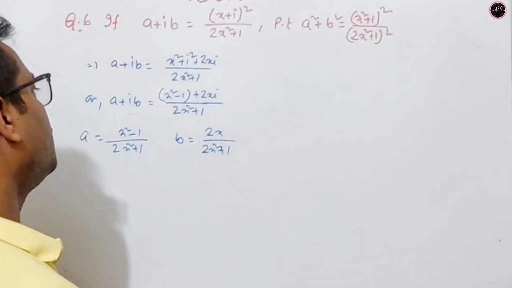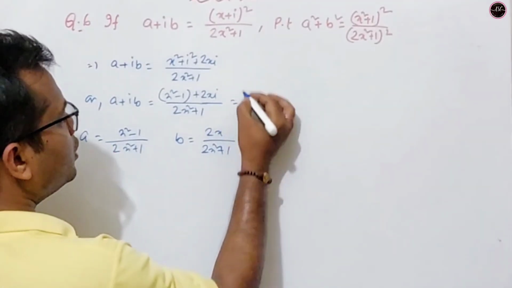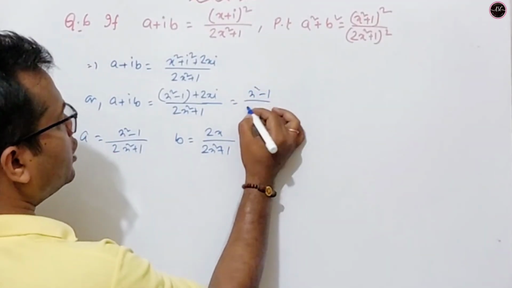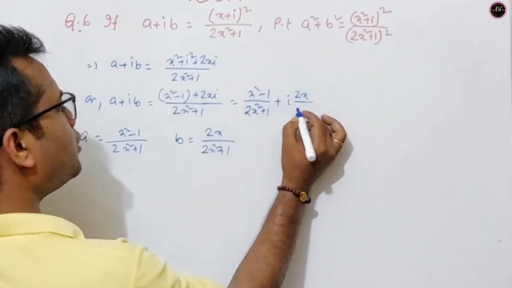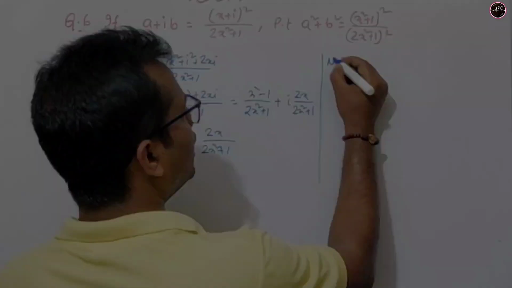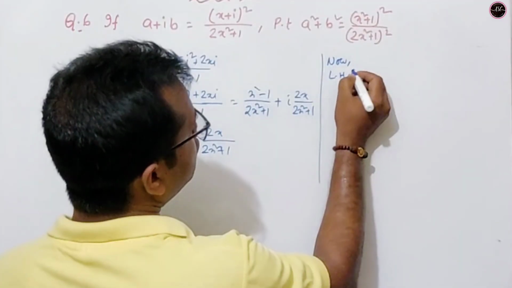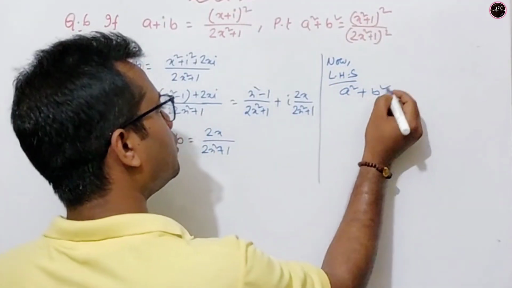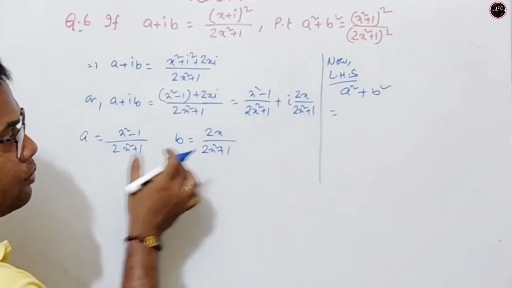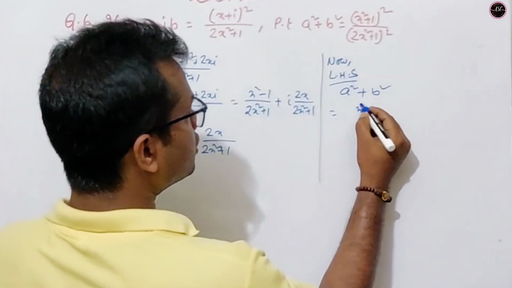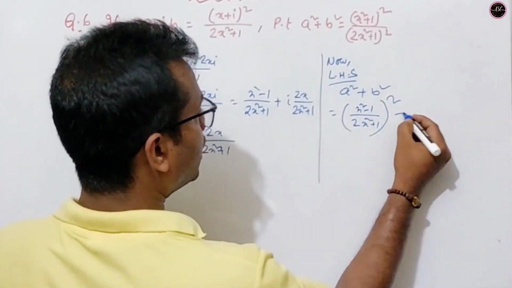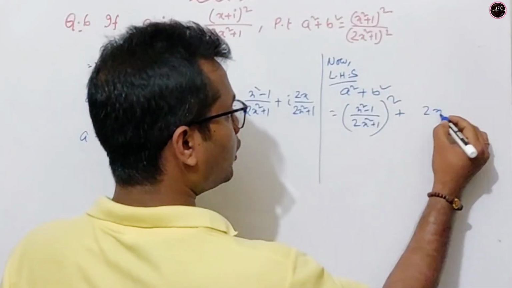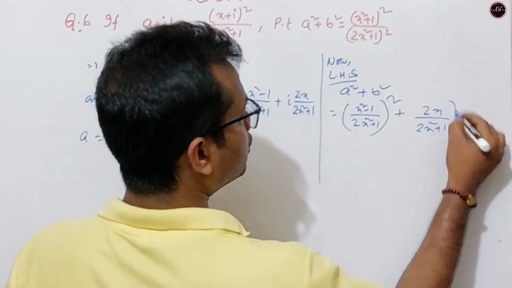Okay. This equal to x square minus 1 divided by 2x square plus 1, plus I dot 2x by 2x square plus 1. LHS equal to a square plus b square equal to, just put the value of a and b. That means x square minus 1 divided by 2x square plus 1 whole square, and b equal to 2x by 2x square plus 1 whole square.